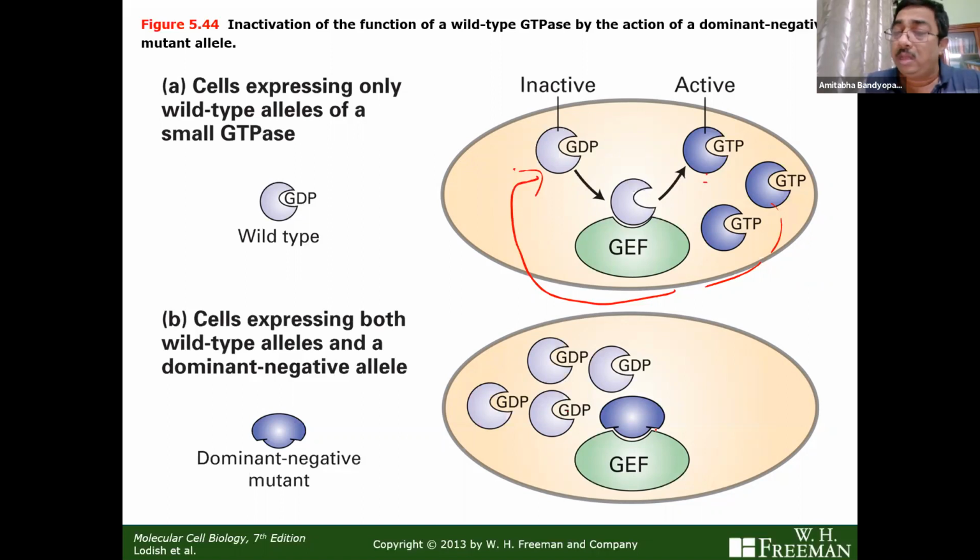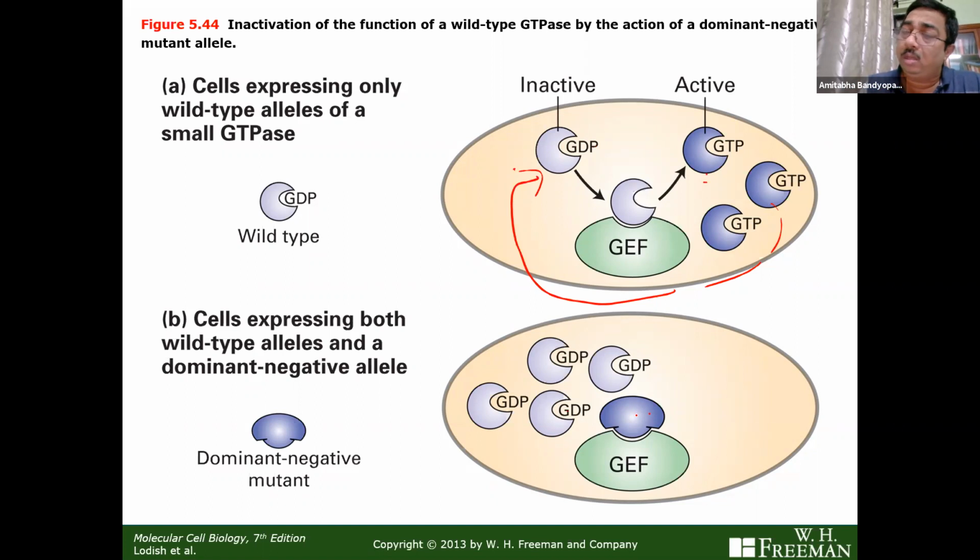Why? Because in the same cell, the normal GTPases will not be able to act, since this dominant negative GTPase cannot undergo the conversion from GDP to GTP, so it will not disengage from GEF. It will just sit there.